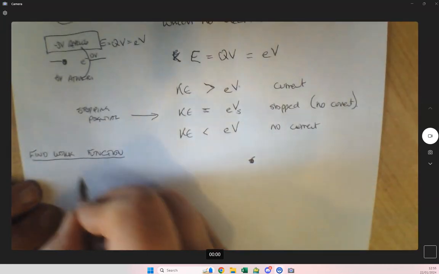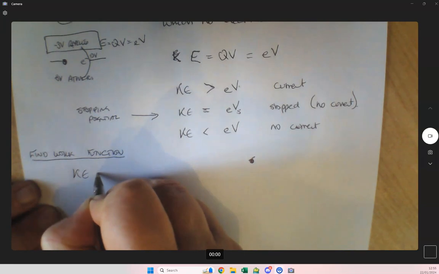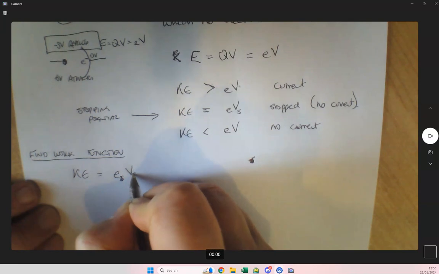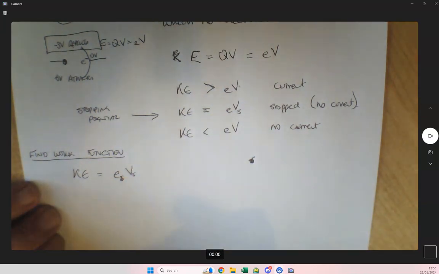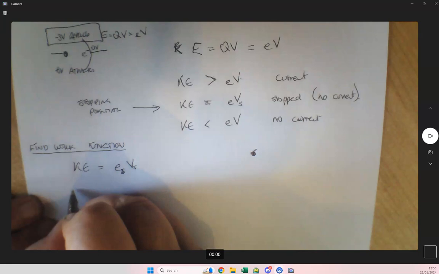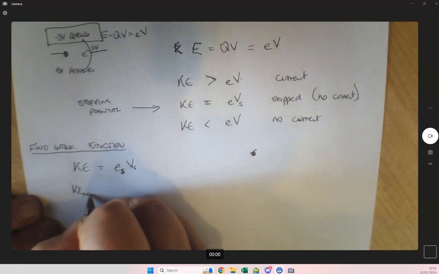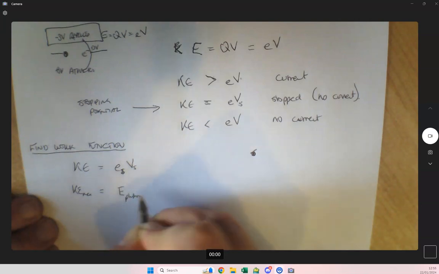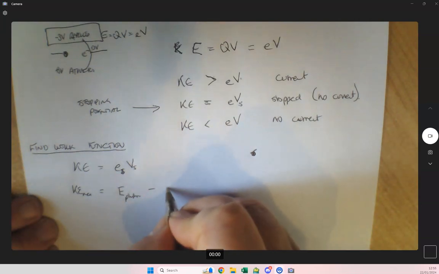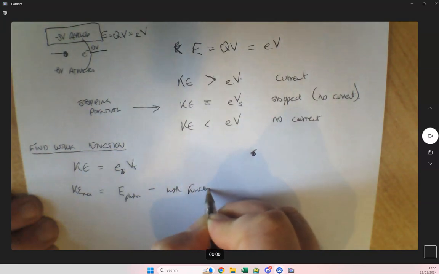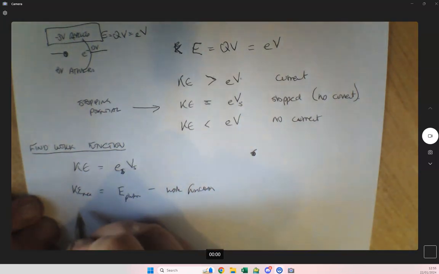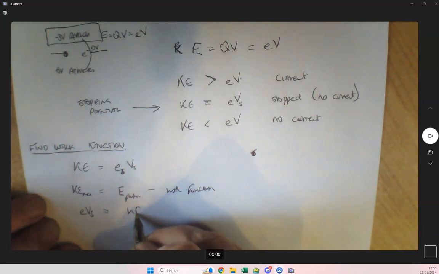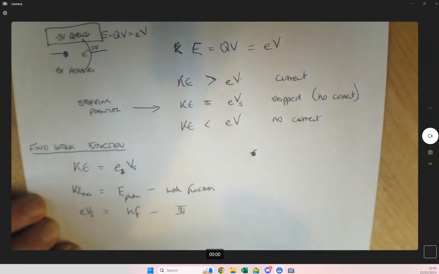What we're going to consider then is the kinetic energy of the electrons is equal to e times the stopping voltage, we've said over here. And we know that for the photoelectric effect, the kinetic energy max is the energy supplied by the photon minus the work function. Now, that means e times the stopping voltage must be equal to hf minus the work function.